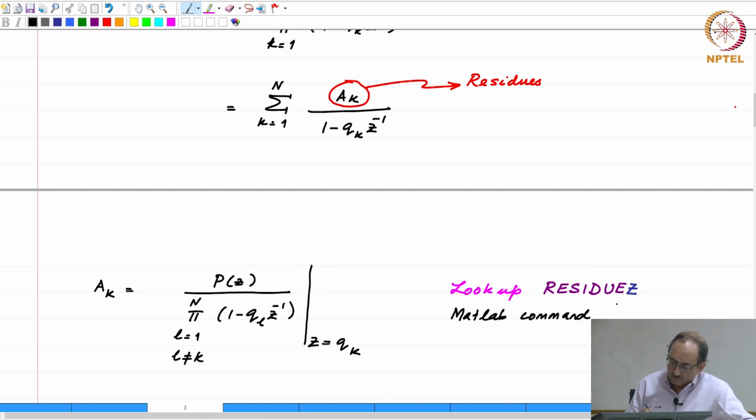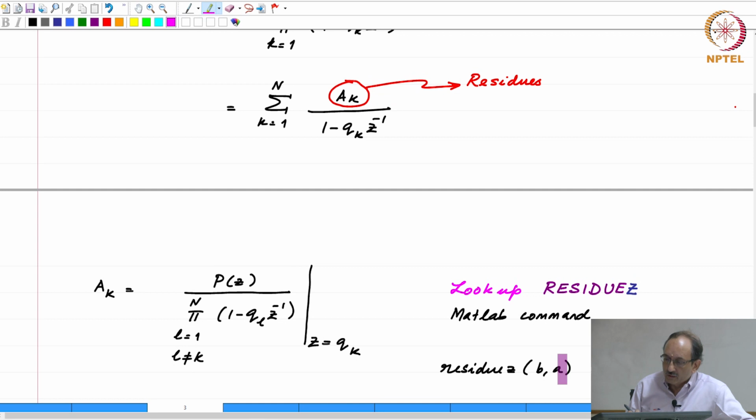And the counterpart of this for the Laplace is just residue. And the difference is this. After all, you have a ratio of polynomials B of z over A of z. So, the b vector are the b coefficients that you have to feed to MATLAB.